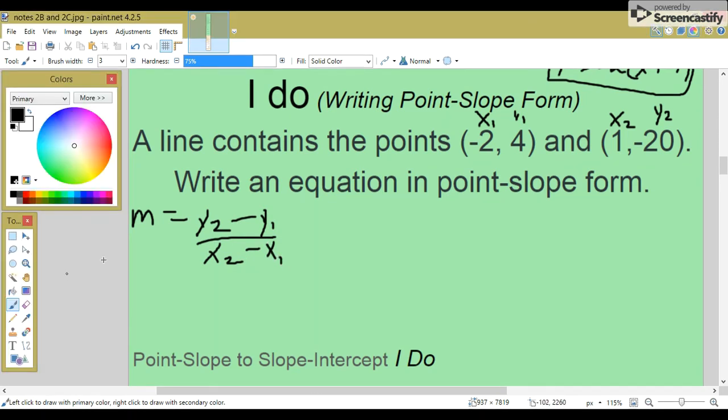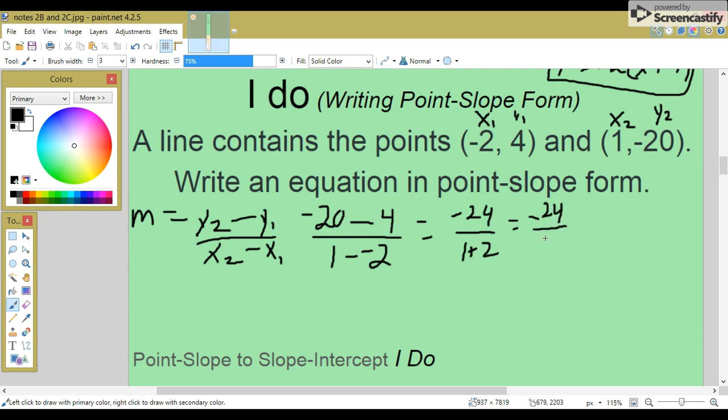If you plug those in, you get negative 20 minus 4 all over 1 minus negative 2. So that equals negative 24 over 1 plus 2, which equals negative 24 divided by 3.